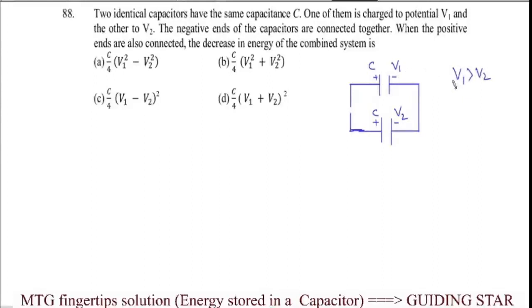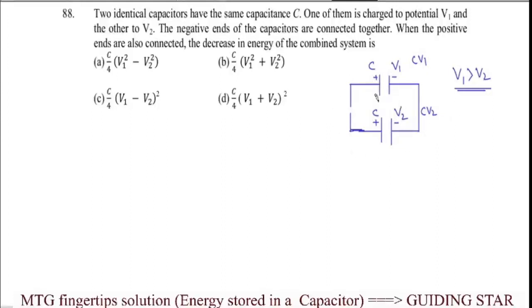So if we assume V1 is greater than V2, then after connection what will happen? Redistribution of charges will take place. That means initially in the upper capacitor the charge is C V1, and in the lower capacitor the charge is C V2. So when we'll connect them, then redistribution of charges will take place, and finally what will happen?